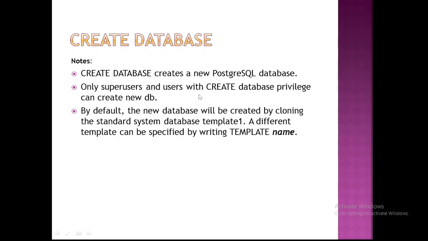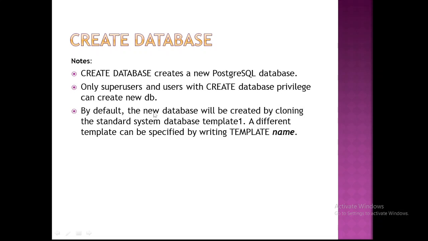Only superusers and users with the create database privilege can create a new database. If you do not have the create database privilege, or you are not a superuser, you will not be able to create one.